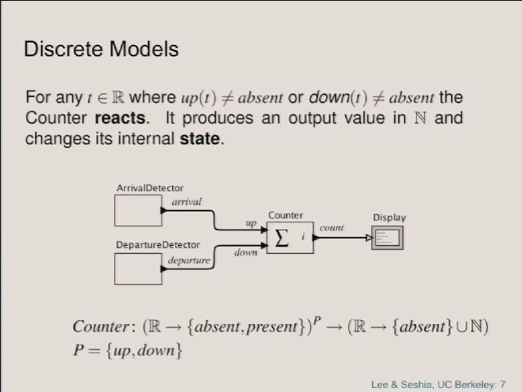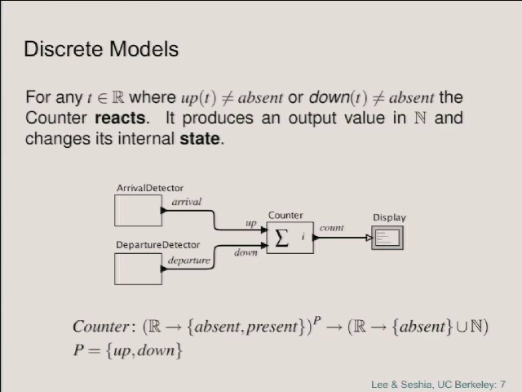So we had the notion of a reaction, and a component reacts at some point defined by its environment. When it reacts, it observes its inputs and changes state as a single atomic action, okay? And we talked a bit about various ways of structuring this notion of reaction.